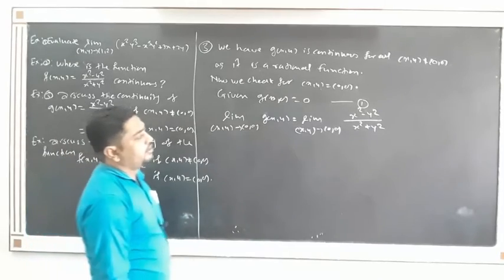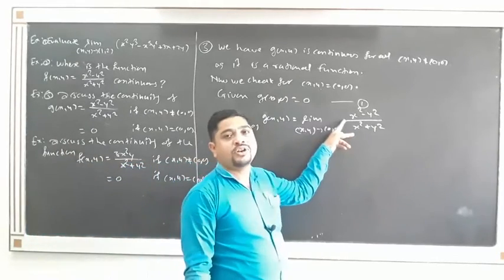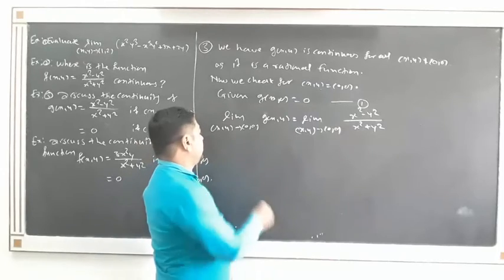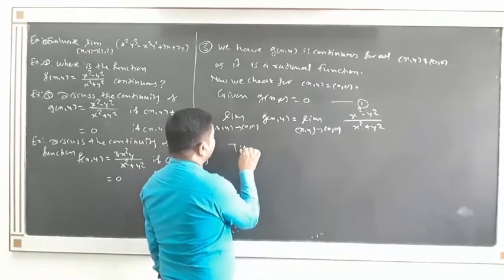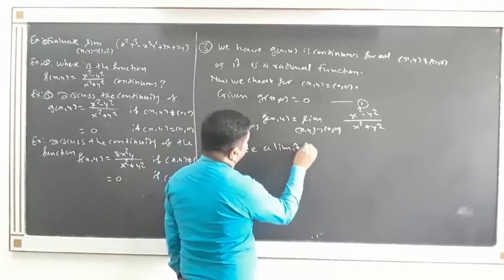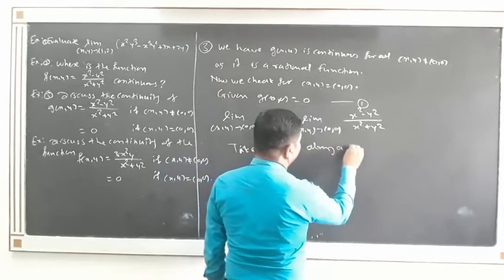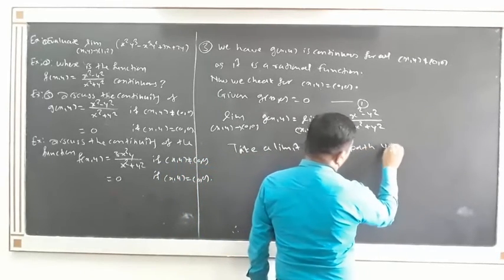How do we find it? In the previous lecture we saw it is homogeneous, so we can take the limit along a path y is equal to mx.